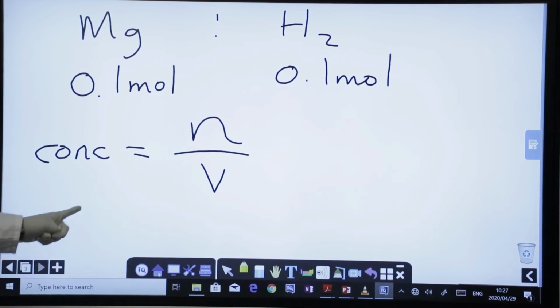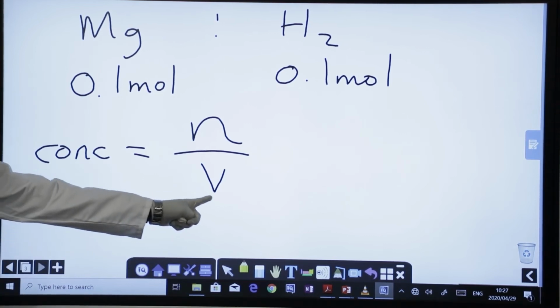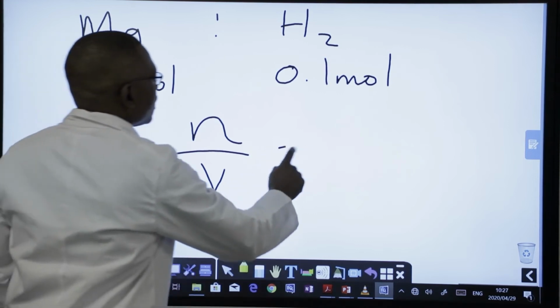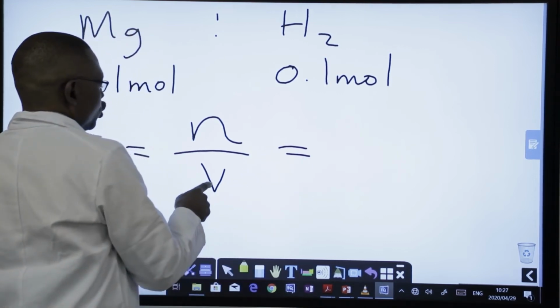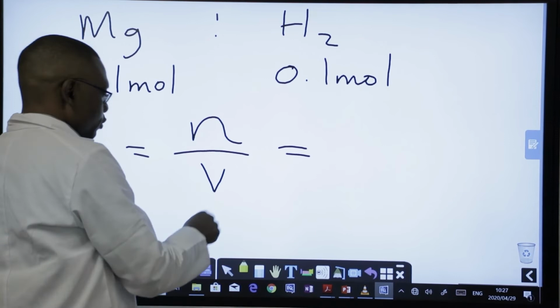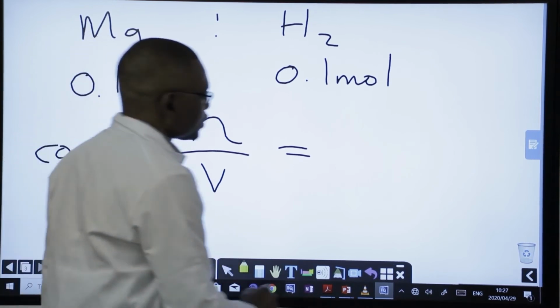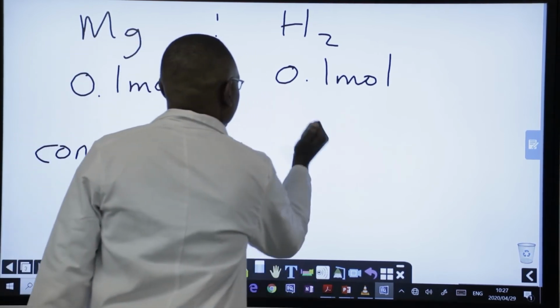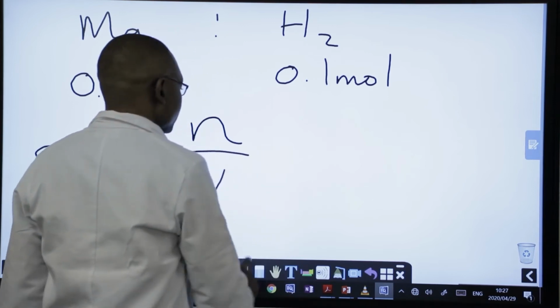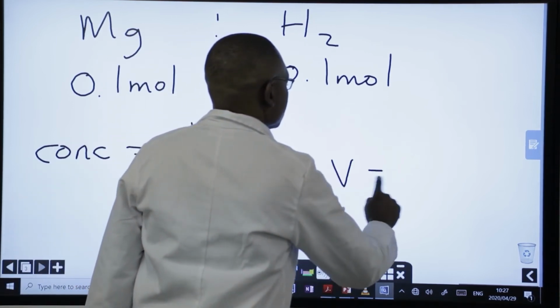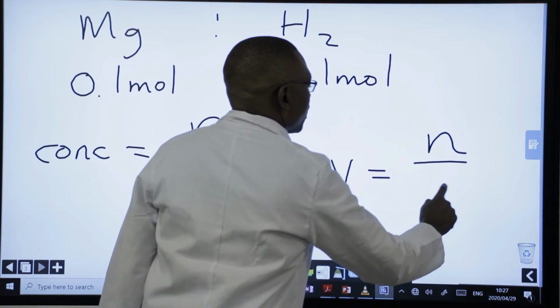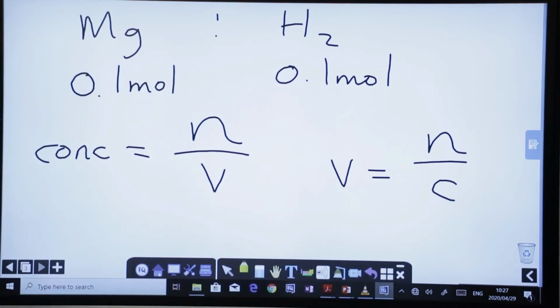We want to find the volume, so we can find it by making V the subject of the formula, where V is equal to number of moles over concentration.